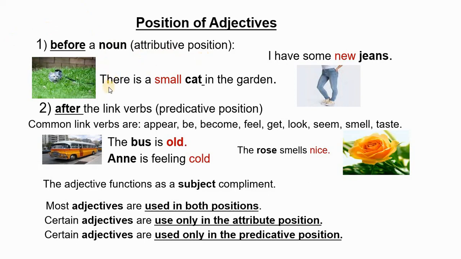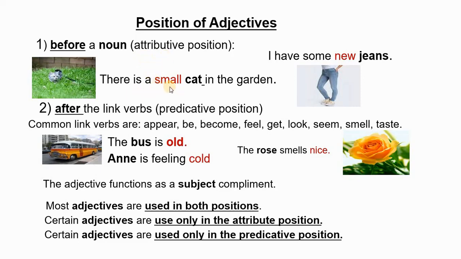For example, there is a small cat in the garden. So, cat is the noun and the adjective is small. And the adjective is before the noun cat. So this is the first position, which we call attributive position. Okay?